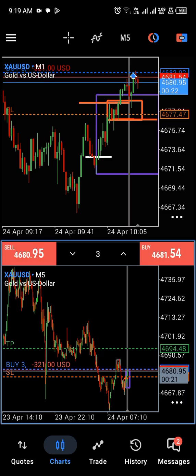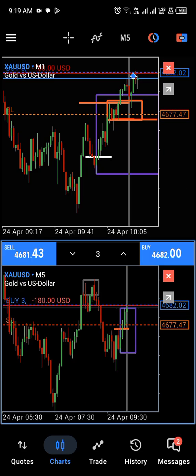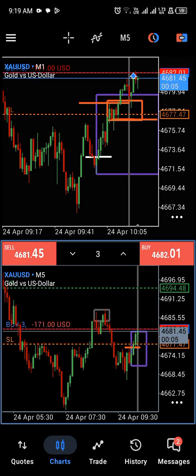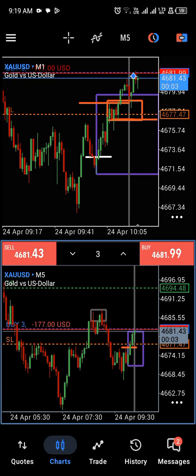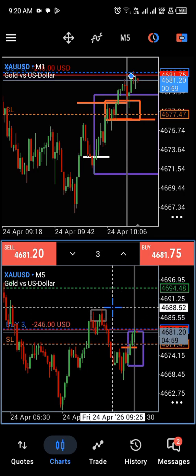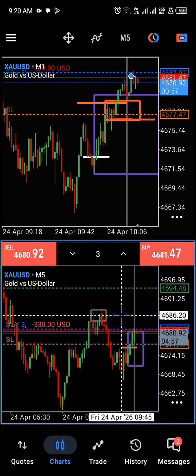But because I'm already down minus 300, I'm like, let me just leave it. So we will see if these buyers will be able to break this area. We will see.